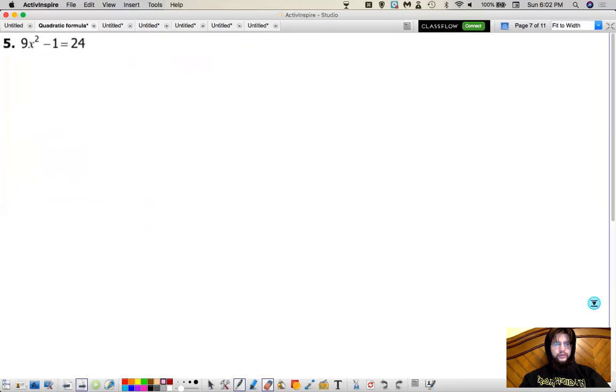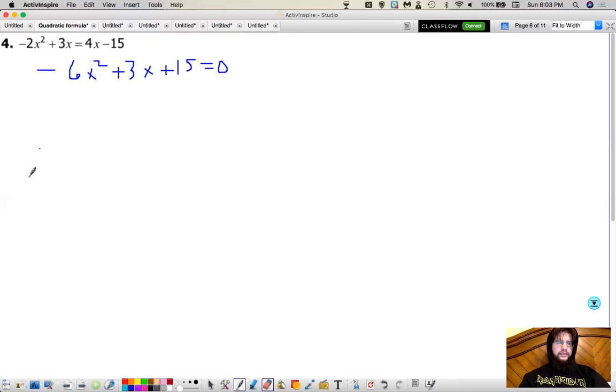Let's see. Okay, we'll do 4, 6, and 12. 4, 6, 12, sure. So again, not standard form. Negative 6x squared. I'm going to subtract 4x from both sides. Plus 3x plus 15 equals 0. Yeah, I'm going to cheat a little bit.